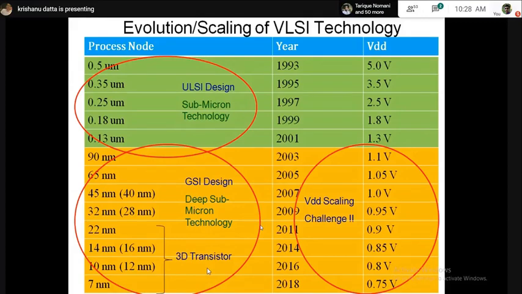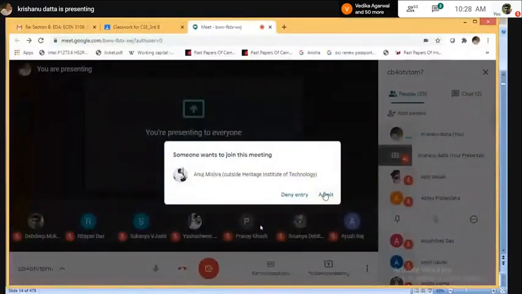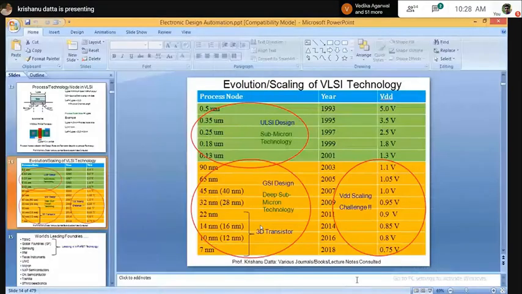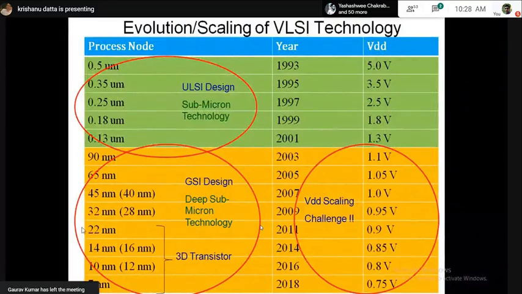But if you go to the market today to buy any electronic device, be it cell phone, laptop, notebook, netbook, desktop, server, whatever you want to buy, all technology that is being used is now within this zone: 22 nanometer, 14 nanometer, 10 nanometer or 7 nanometer. 7 nanometer, I think, has just started entering the market.